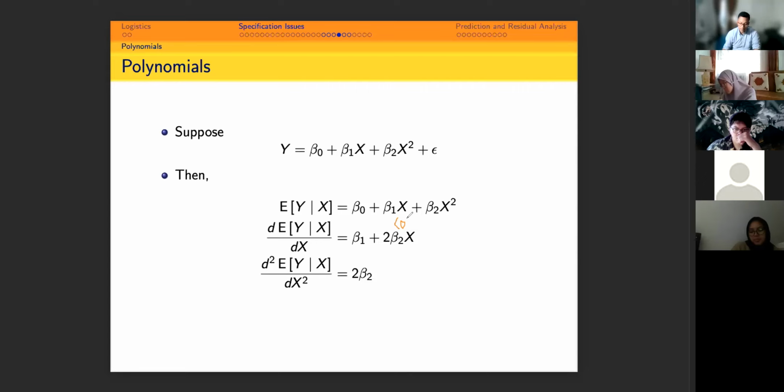So the higher the x, the lower the effect of x on y. This is what's called the increasing partial effect or decreasing partial effect of x, as mentioned in the past couple of slides. And as you can see, the rate of change is going to be a constant, which is 2 times beta 2.